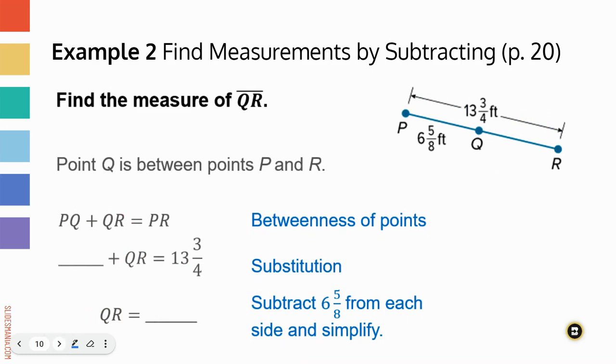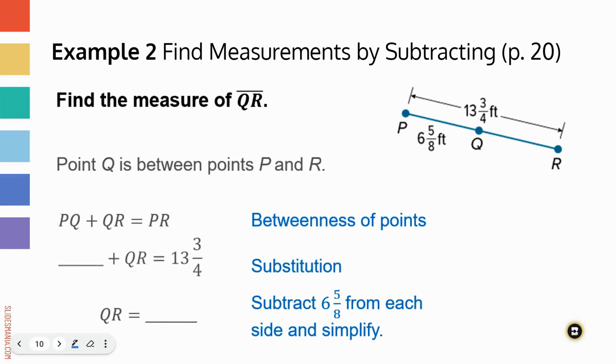Okay, here's example 2. This is on page 20. We want to find measurements by subtracting. It's pretty much the same as what we just did, except now we're going to be given the total distance, and one of the smaller distances, and we have to find the other smaller distance. So for this, we want to find the measure of segment QR.